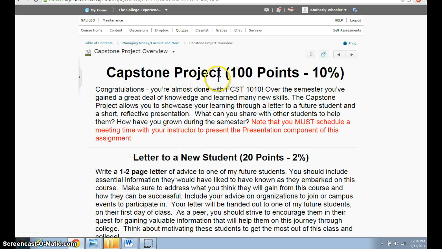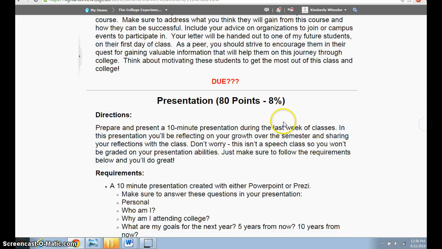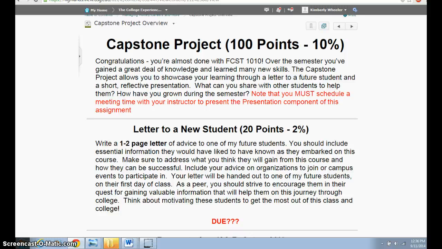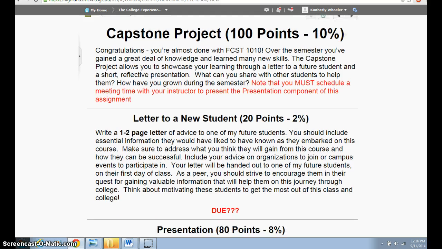The capstone project itself accounts for 10% of the student's grade, accounts for 100 points and is made up of the letter to a new student, which is 20 points, and the presentation, which is 80 points, which makes up 100. And they have to do both of these in order to get the 100 points and the 10% of the grade. But you're going to grade these separately.